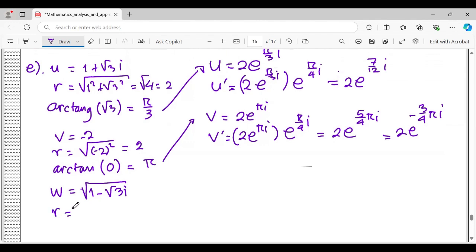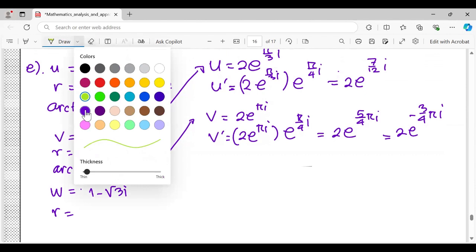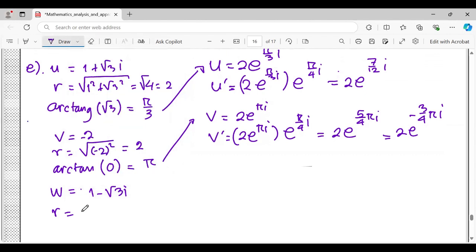So r equals, wait, okay, r equals square root of 1 squared plus minus square root 3 squared. It is square root 4, 2.